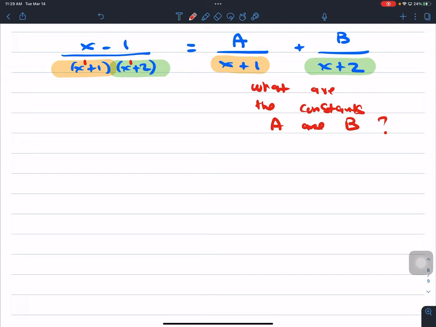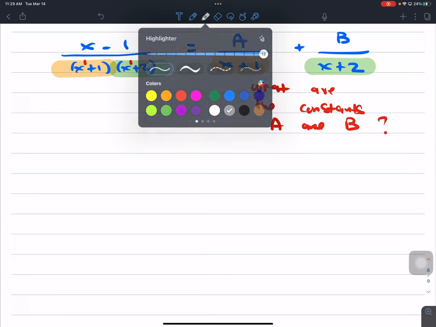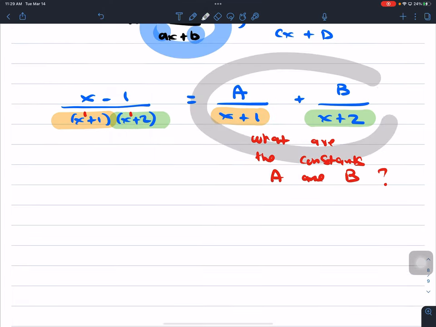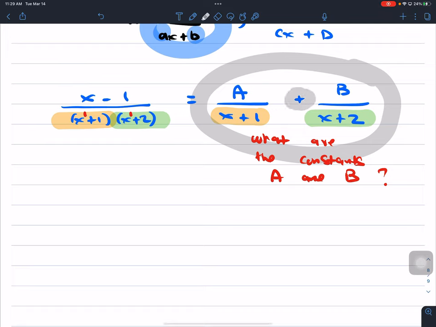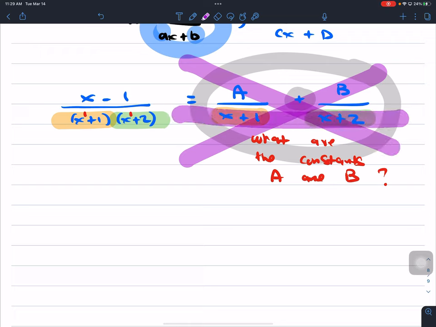So how do we do this? You guys know how you do this? You multiply B by x plus 1, you multiply A by x plus 2. What you're focusing on is this right side, and you want to add these things. So you're really adding two fractions with different denominators. There's an algebraic shortcut. This is A times x plus 2 plus B times x plus 1.